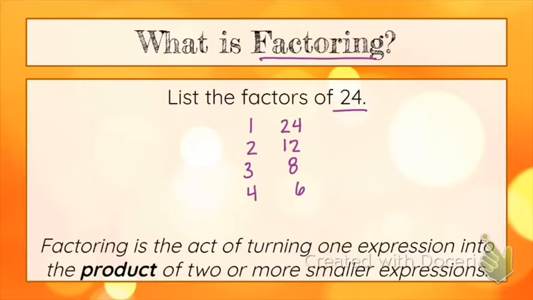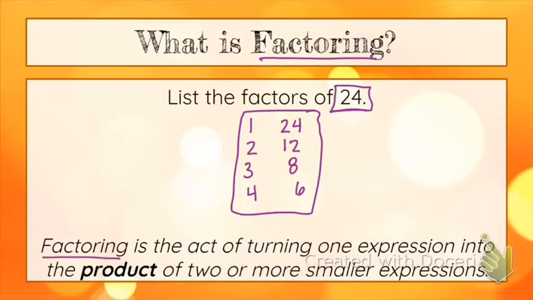And then I would test 6, but 6 already shows up on this side. So whenever the numbers that you're testing over here start showing up over here, when you start to repeat yourself, that means you've gotten every single number that there is. So these are all 8 factors of 24. These can all be divided into 24 evenly.